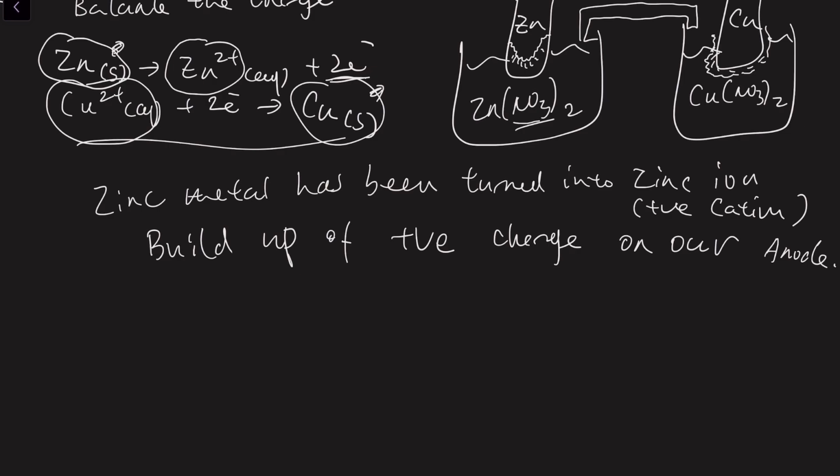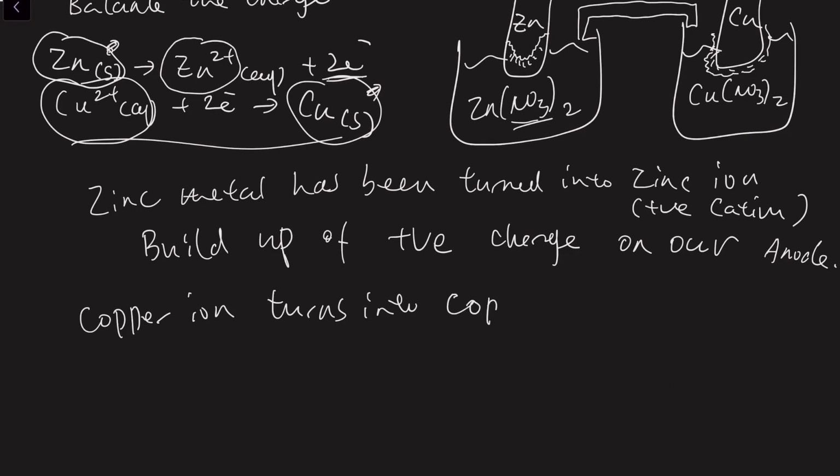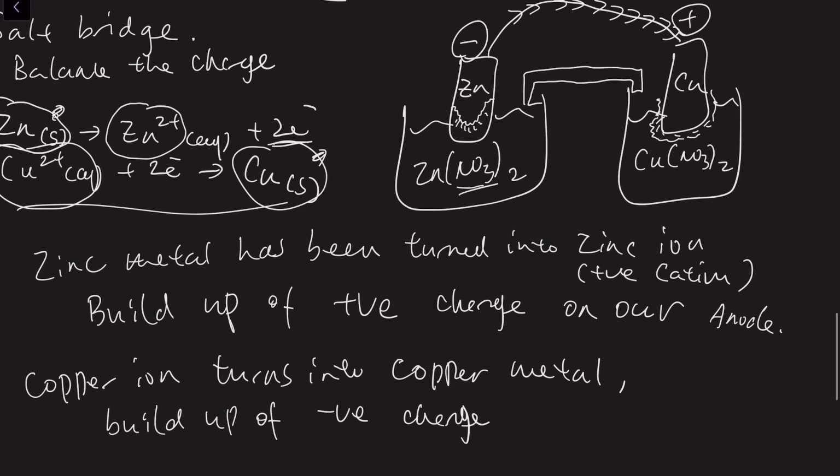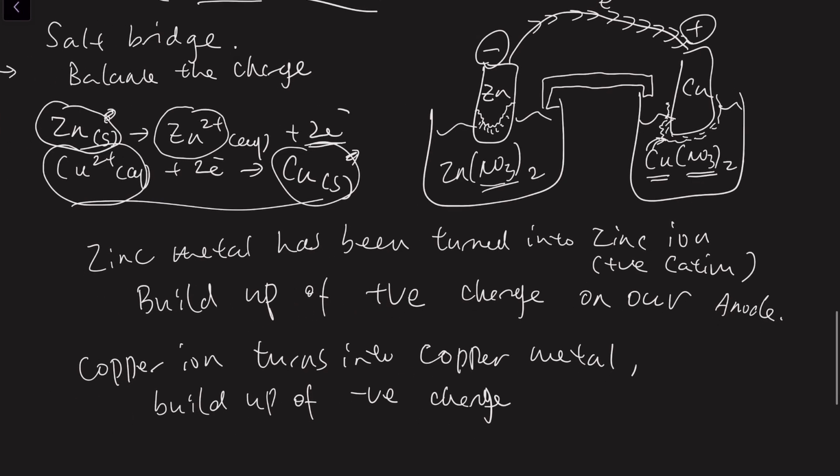And also, since the copper ion turns into copper metal, there is a buildup of negative charge. Because all the copper 2+ ion in the solution have been turned into copper metal. So you only have this negative nitrate ion in the solution. So that's why you have more and more and more nitrate ion flowing around.